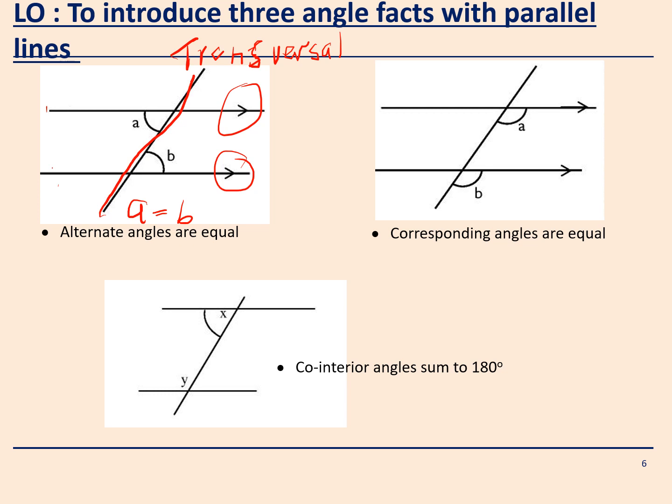So A equals B, and the easiest way to recognize these is if you can see a Z. These two angles are equal.